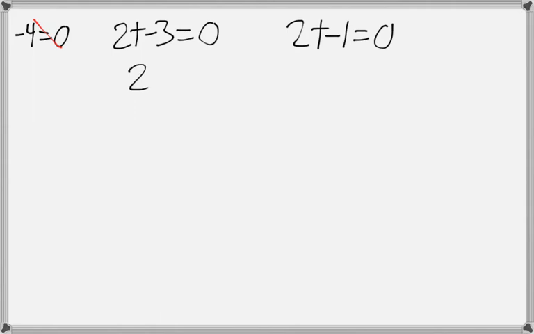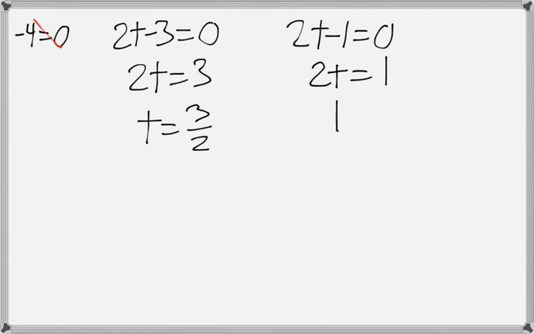2t minus 3, I want to add 3, then divide by the 2, and then 2t is equal to 1, t is equal to 1/2. So 3/2 and 1/2, those will be our answers, but I need to put a label on this, and they're talking about time, and they're talking about this in seconds.